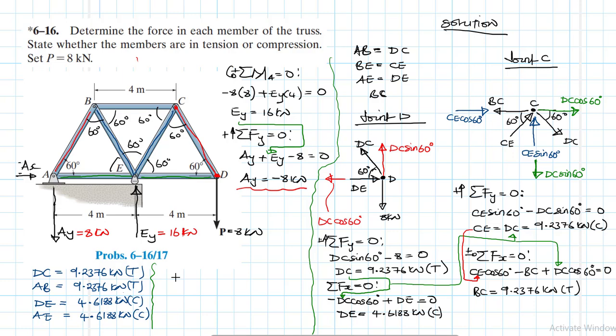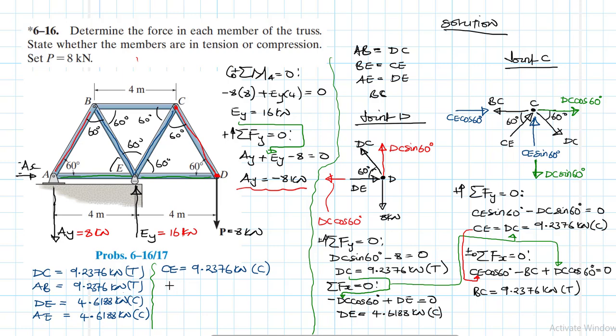And then we have CE. We found CE. What was our CE? CE was equal to 9.2376 kilonewtons, and is in compression.